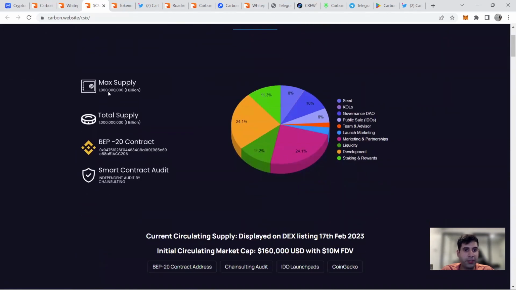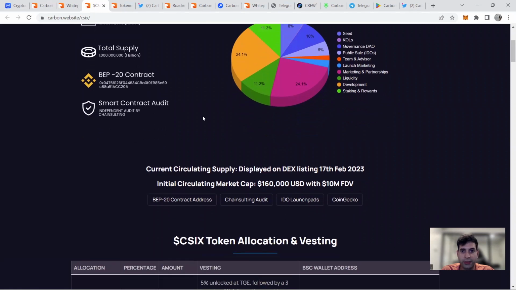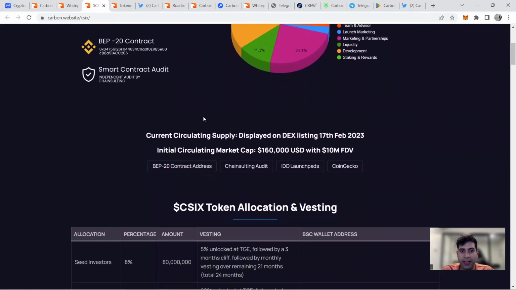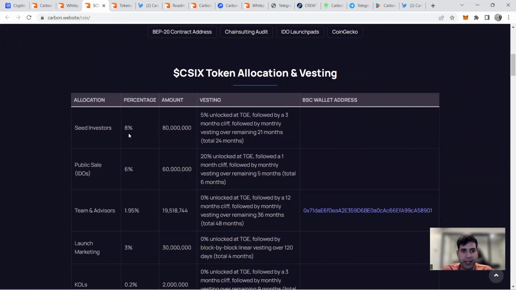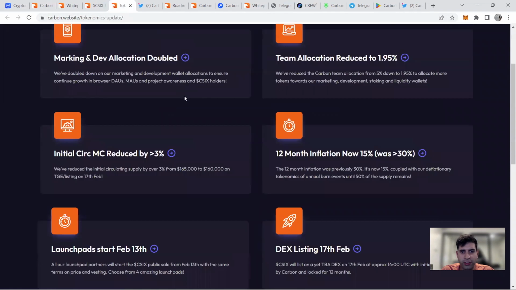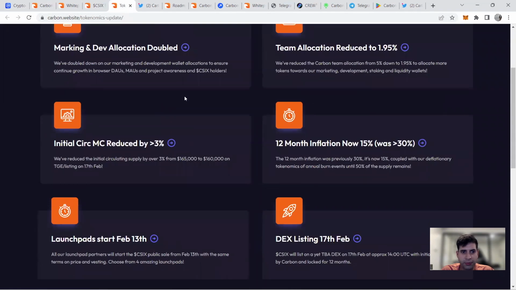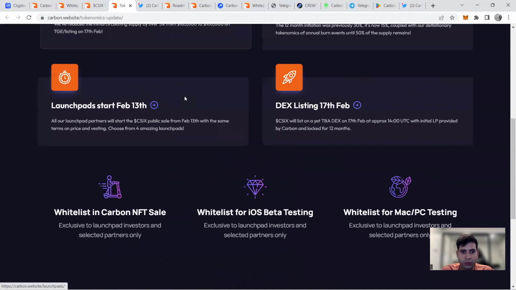So they have a 1 billion token supply, and that's the max supply. It's the contract here, you can check it out. It's already been audited by Chain Consulting. In terms of the percentage breakdown, 8% is for seed investors, which I think they've already covered the price for as well.